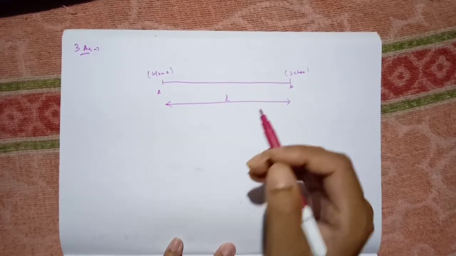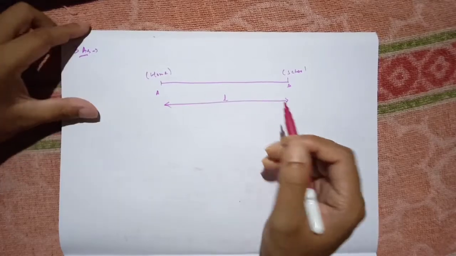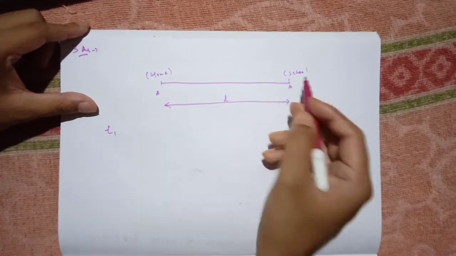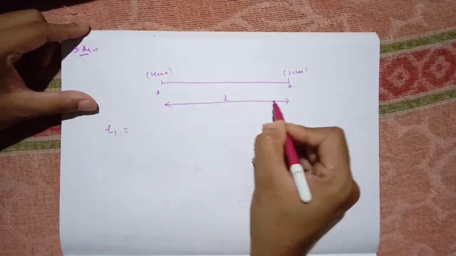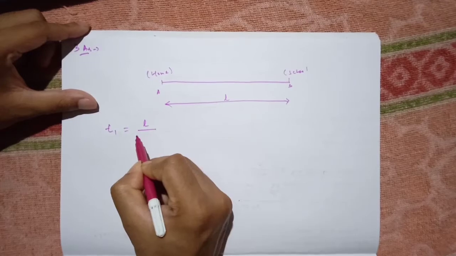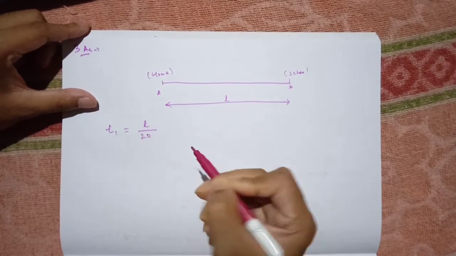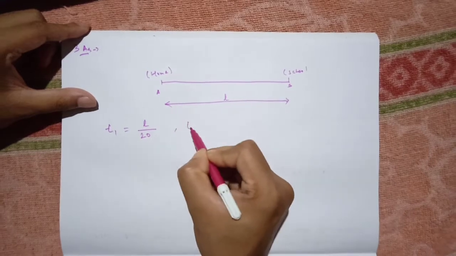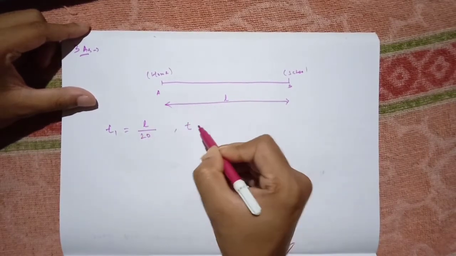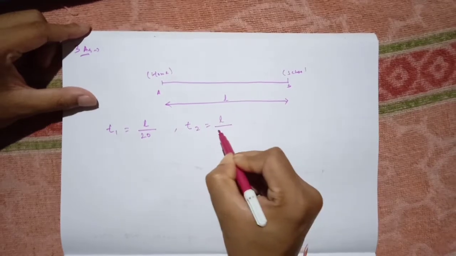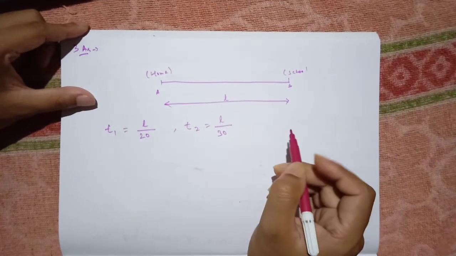So here time is not given, so let us take T1 from going home to school will be the total distance traveled, which is L, by the speed, 20 km per hour. Okay, then again let us take T2 from traveling from school to home, which is the total distance L by the speed, 30 km per hour.